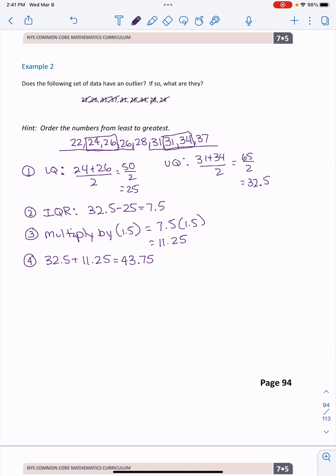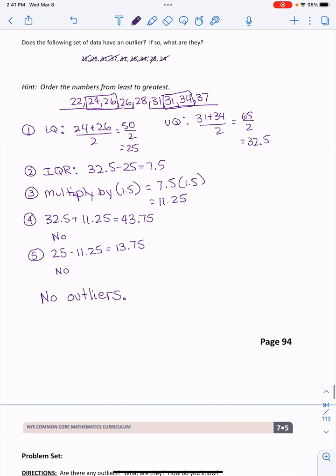The answer is no. Number 5, we are going to subtract 11.25 from our lower quartile, and I'm going to get 13.75. Do we have any numbers lower than that? The answer is no. So therefore, there are no outliers. And that ends our lesson.